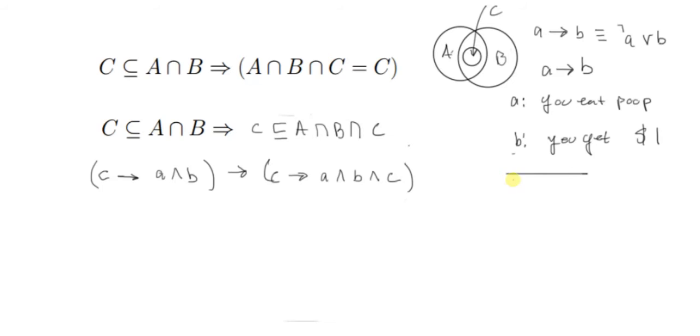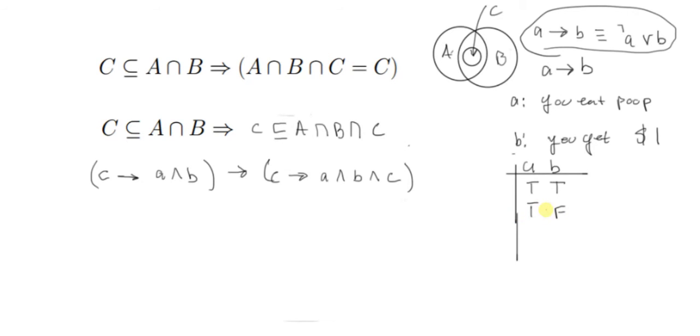So we can create a truth table for this. And this is just demonstrating this equivalency here, kind of intuitively making sense of it. So we have A and B. The possible combinations for this are, okay, you do eat the poop, and I give you the $1. A implies B. You do eat the poop, I don't give you the $1.